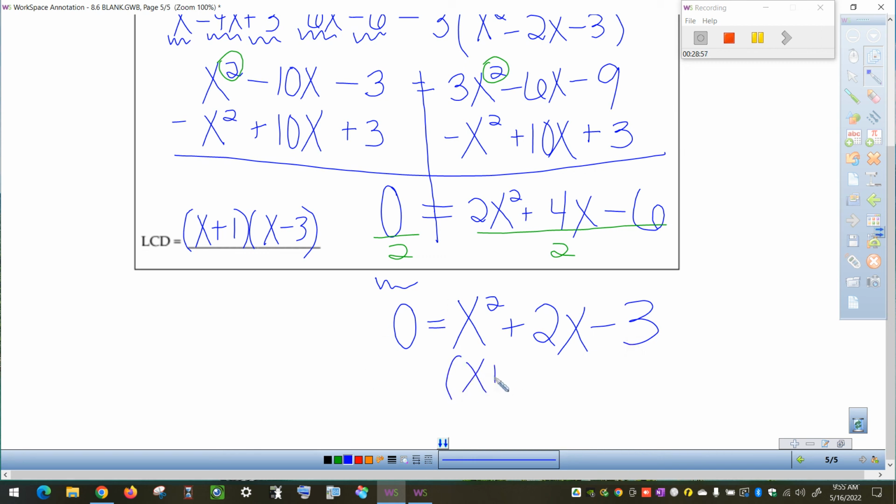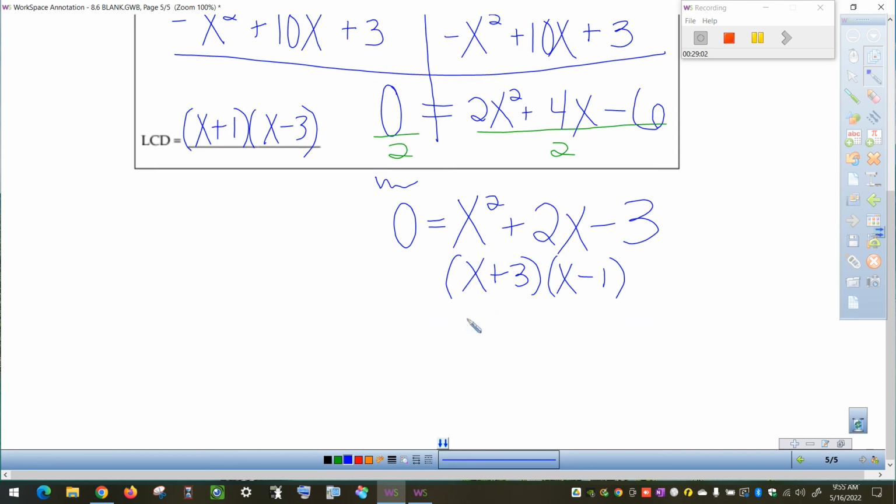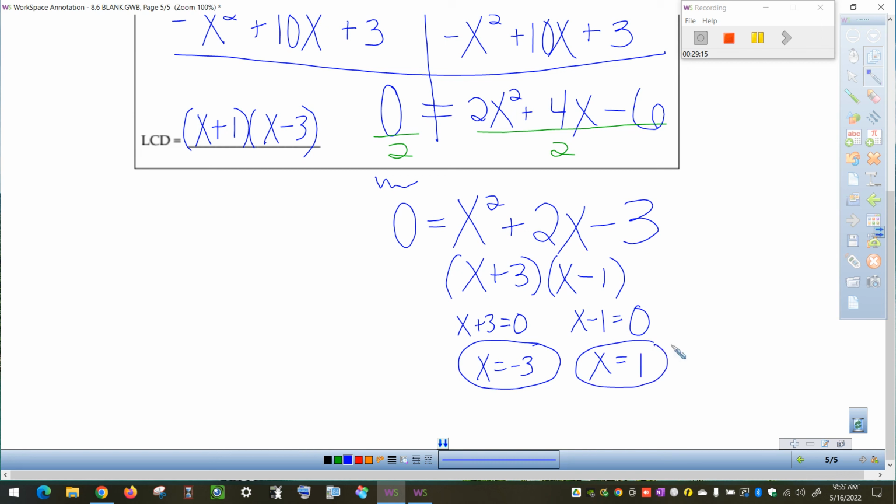All right, now this is going to factor into x plus 3 times x minus 1. And when we set each part equal to 0 and solve for x, we get negative 3 and positive 1. So what's a little interesting about the final answers on this one is that they look close to the values that are restricted, but they're not exactly the same.